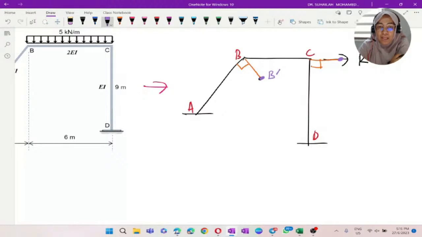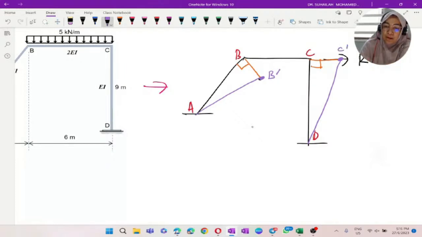Column AB, 90 degrees is like this. And for CD, due to Sidesway, moving to the right direction, we will have it like this. It is a straight line, 90 degrees.